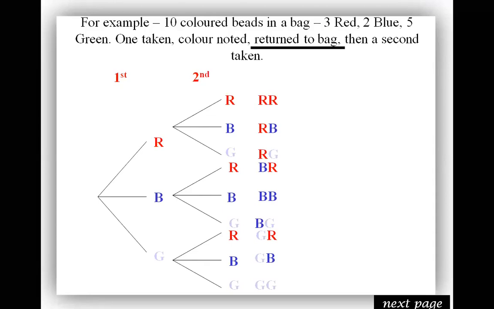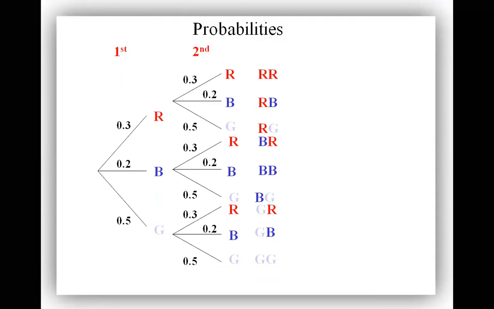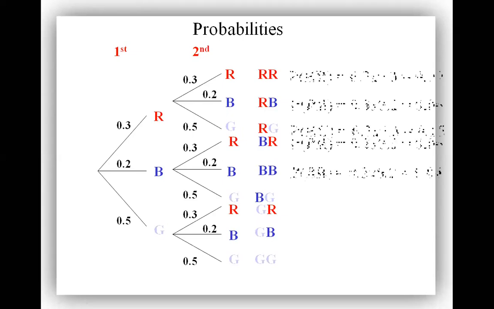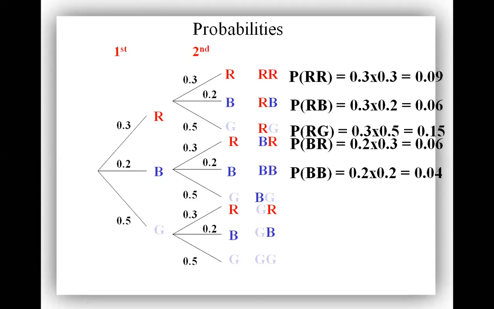This will be a combination. And when we write the probabilities, then these will be the probabilities. And these will be the combinations.